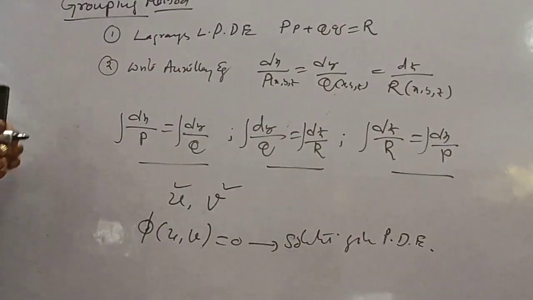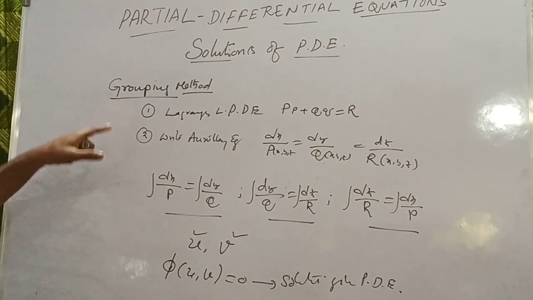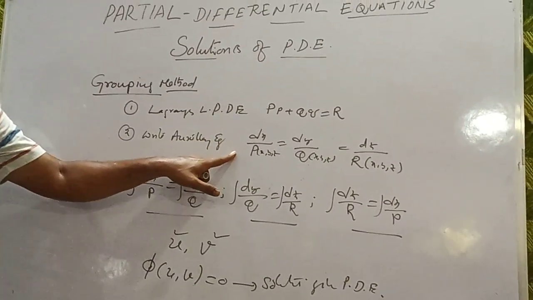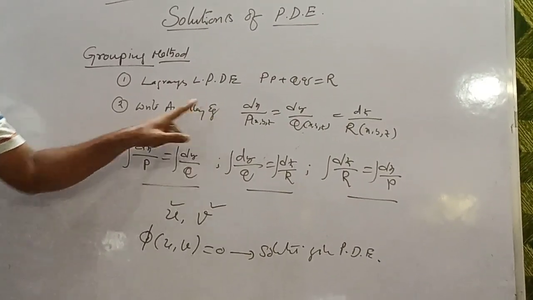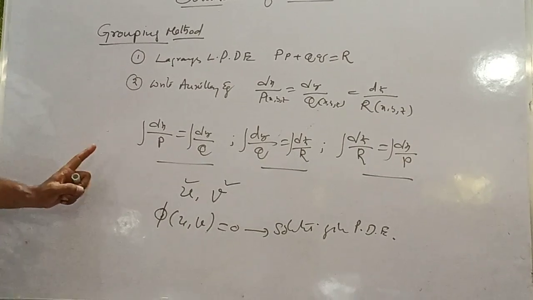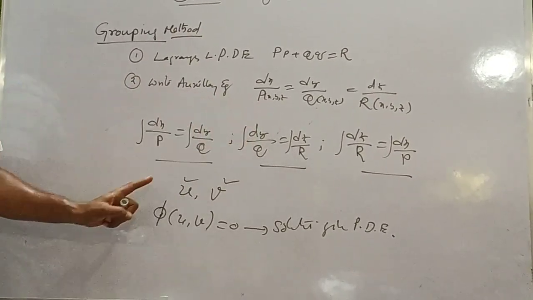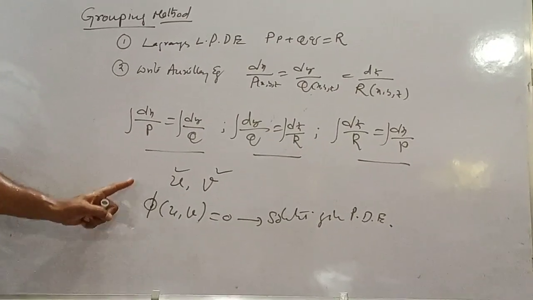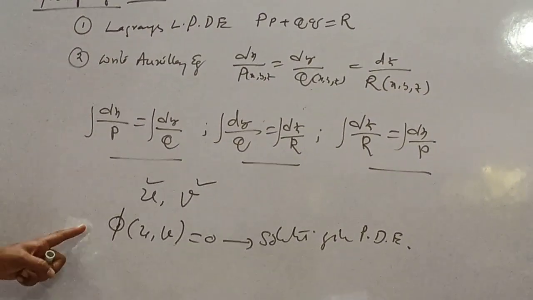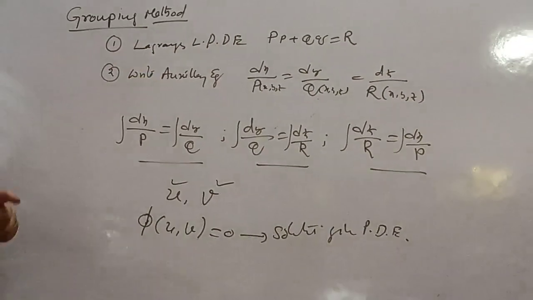So Pp plus Qq equal to R is Lagrange's linear PDE. Then we write the auxiliary equation, take the 1-2, 2-3 and 3-1 equations, and integrate. Out of these three expressions we get two solutions, and we write phi of u comma v equal to 0 as the solution of the given PDE.